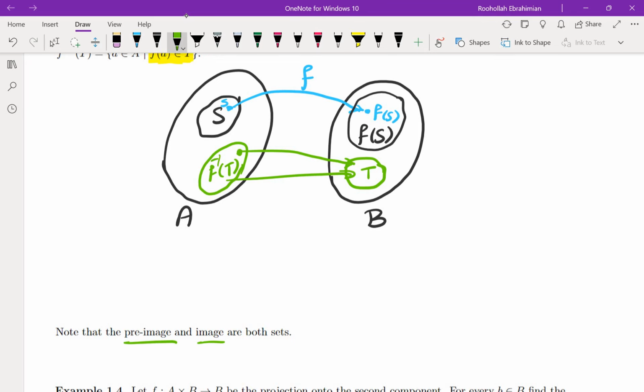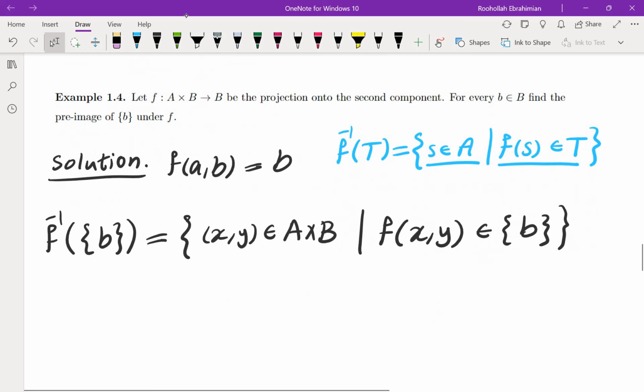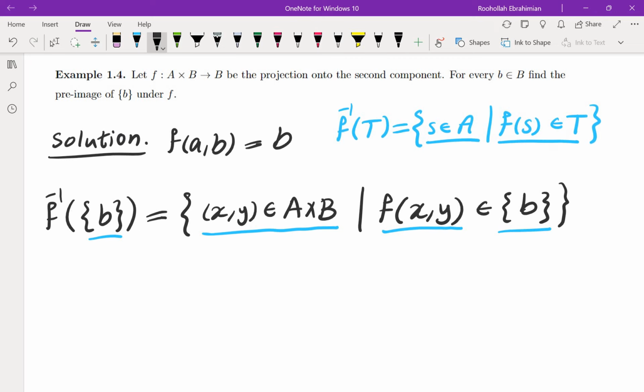Everything in the domain that when you apply F, you go inside T. Our set T is the singleton, the set with one element b.